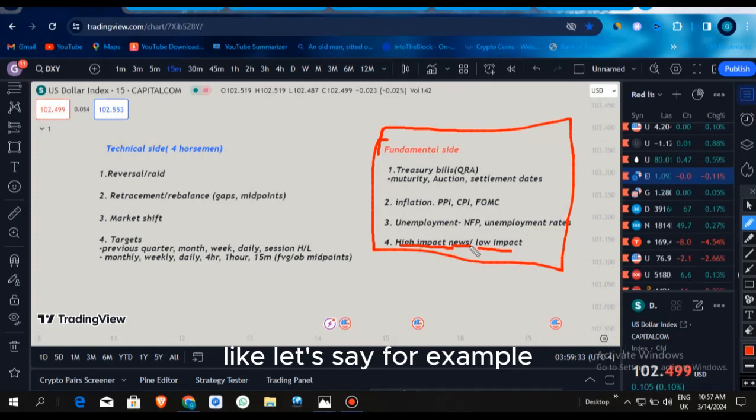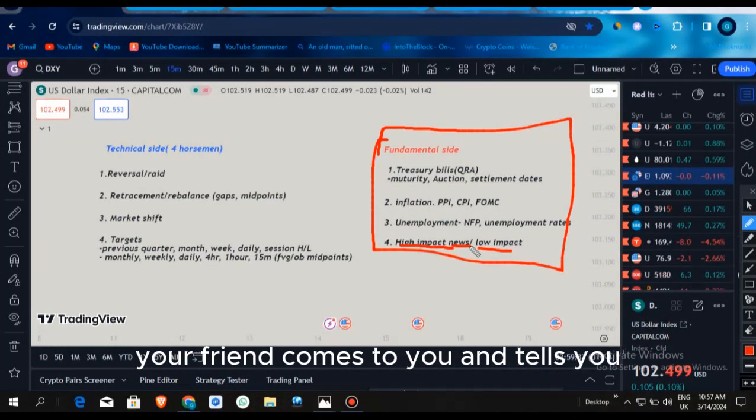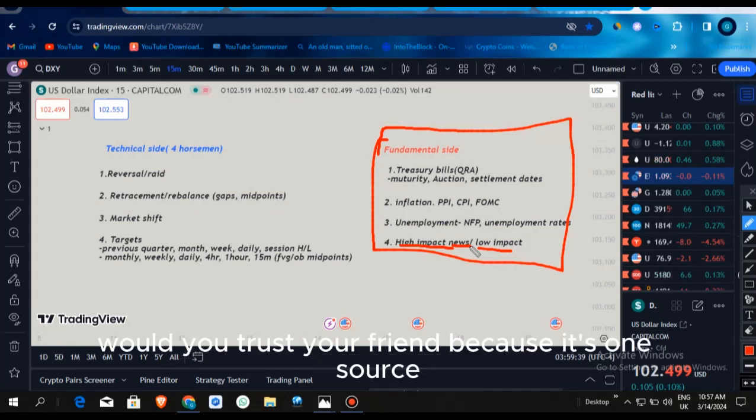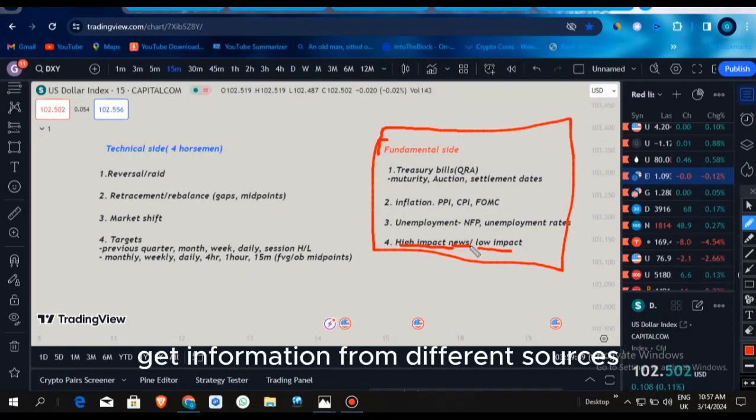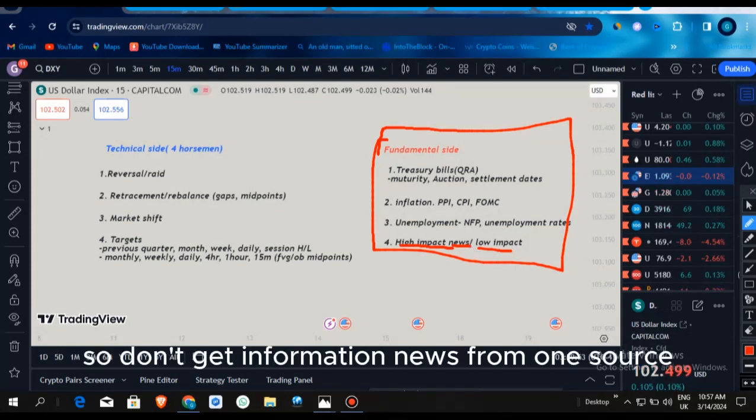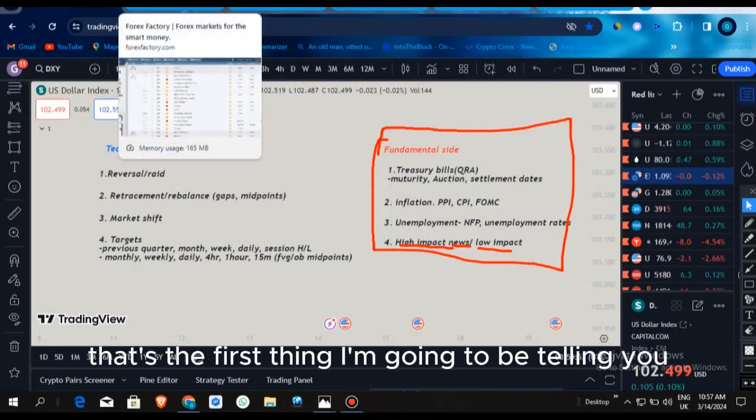Let's say, for example, your woman cheated. Your friend comes to you and tells you the woman cheated. Would you trust your friend? Because it's one source. You have to go and get information from different sources. That's the wise thing. So don't get news from one source. That's the first thing I'm going to be telling you.